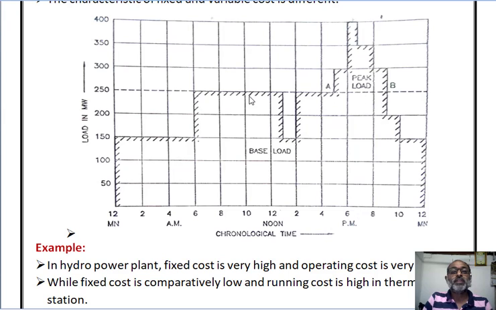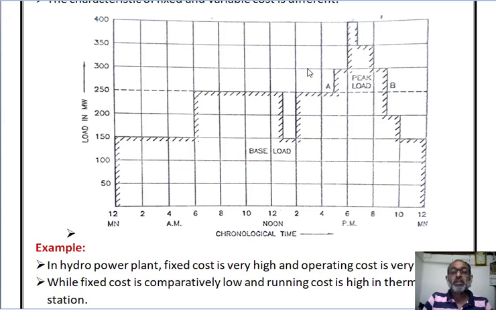And similarly you can see the 350 megawatts load, which is also during only 1 hour. But here you can see the 300 megawatts load during 2 hours. And most of the load is 250 megawatts. Here you can see.